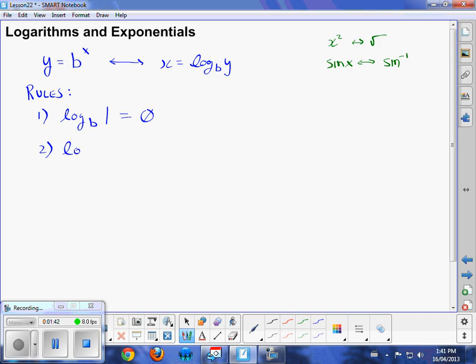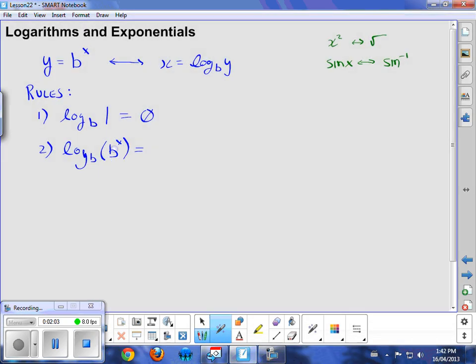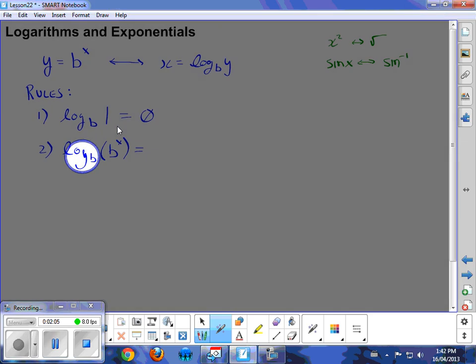If you have log base b of b to the exponent x, what essentially happens here is you have an exponential function, and inside that exponential function, you're taking the log.